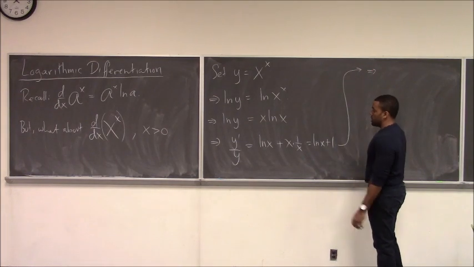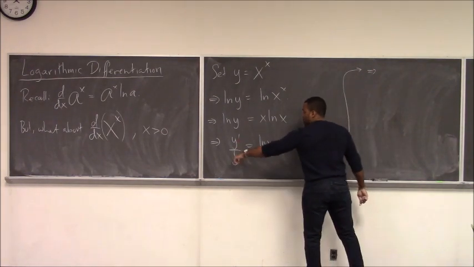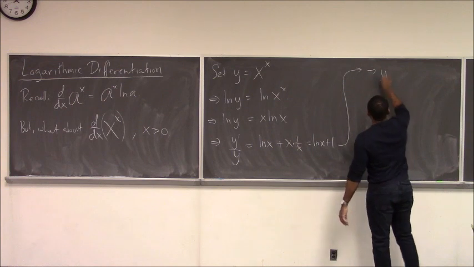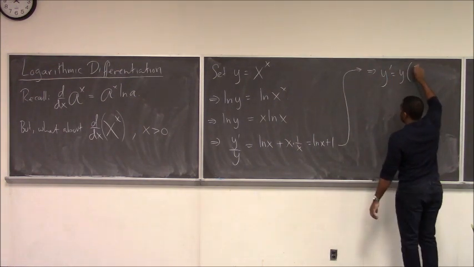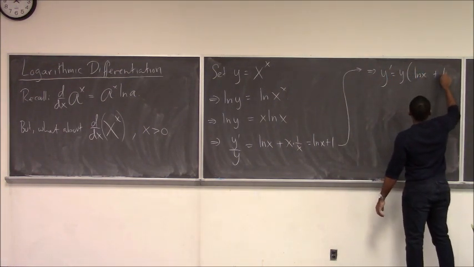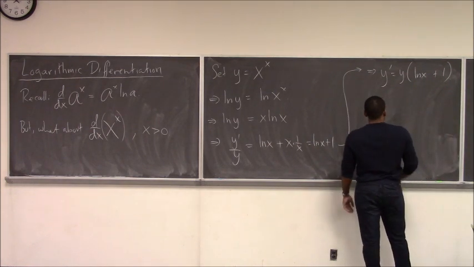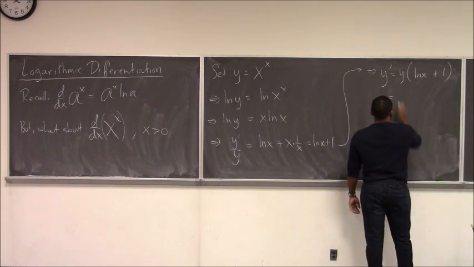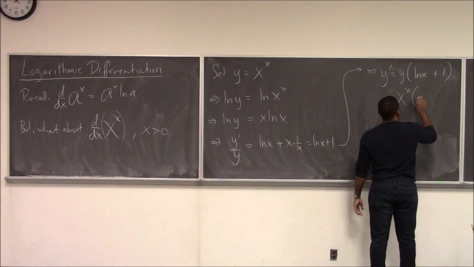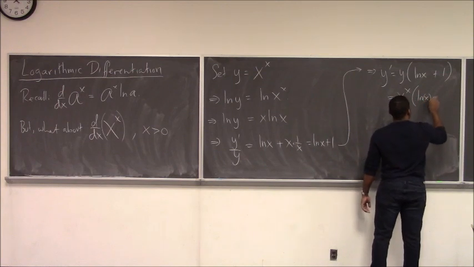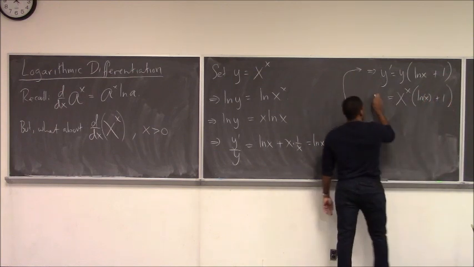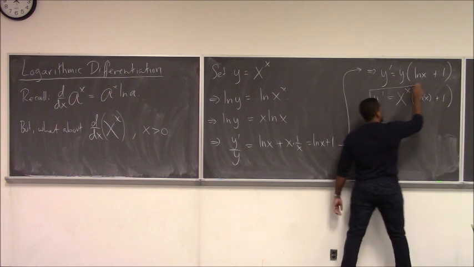So this means I can now solve for the y prime by multiplying both sides by y. And the y was x to the x. And that is our derivative. That is the derivative of this function.